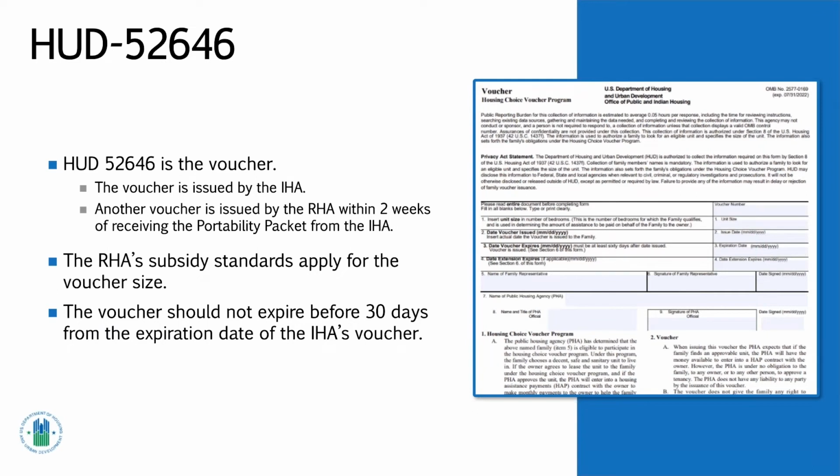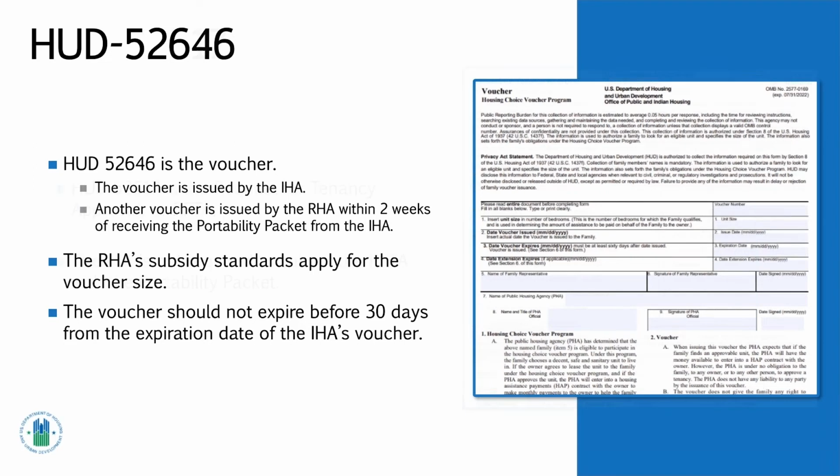So if the family ported in with a 2-bedroom voucher, it doesn't necessarily mean that they will continue to have a 2-bedroom voucher when they port to the receiving housing authority's jurisdiction. And also, reminder that the receiving housing authority's voucher should not expire prior to 30 days from the expiration date of the initial housing authority's voucher.